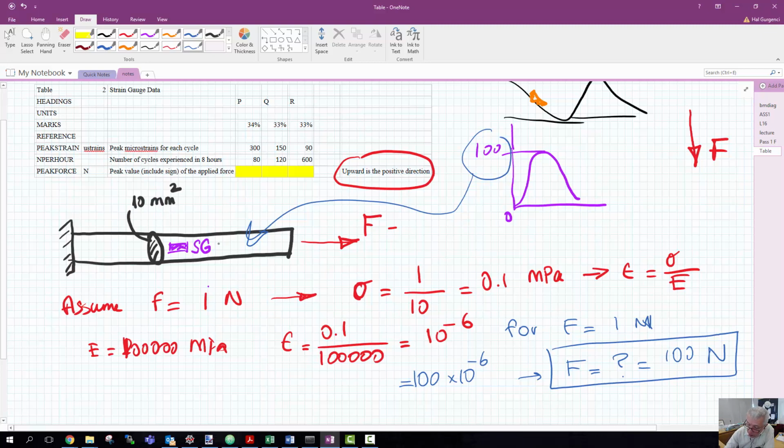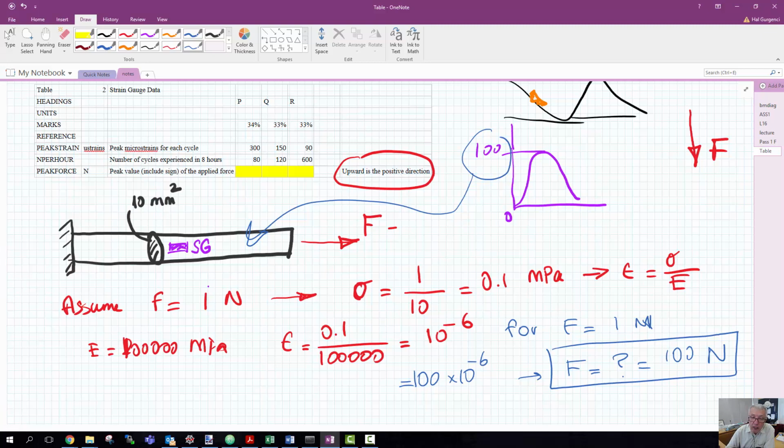Now in this case it was very easy to calculate the strain on this member for a 1 Newton force in that direction. In your assignments, in your structure, it will be a bit more involved, but you can calculate the strain on your structural member assigned to you.